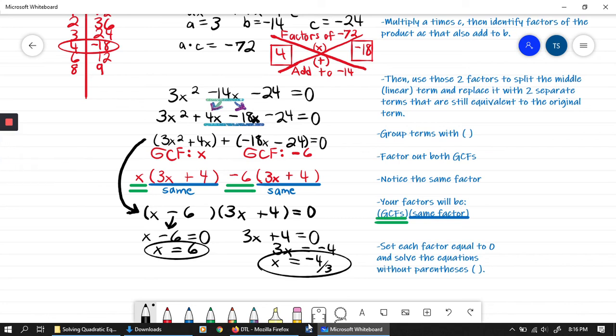I do hope that this video has helped you and has given you quite a few different examples of what it looks like when you are solving quadratics by factoring. Again, there were a lot of different methods involved: factoring out GCFs, factoring difference of squares, and factoring by grouping.